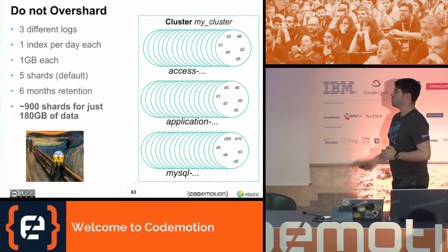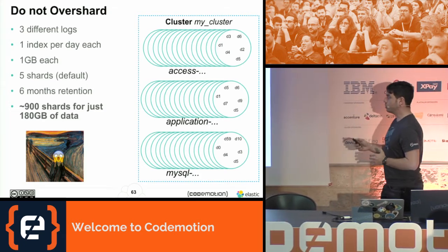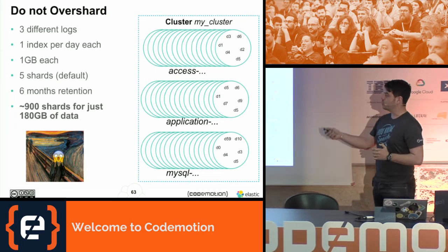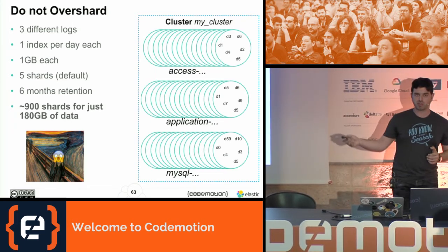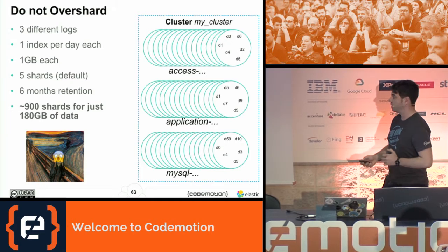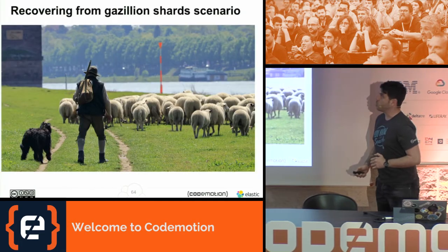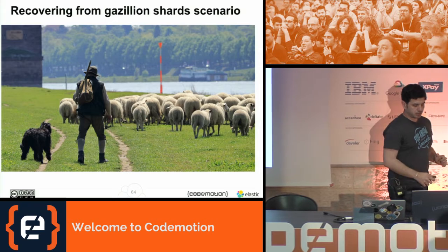If you think about those rules of thumb that we've seen, we could have done this with 4 or 5 primary shards. We would have been good there. So we need to recover from this gazillion shards scenario.